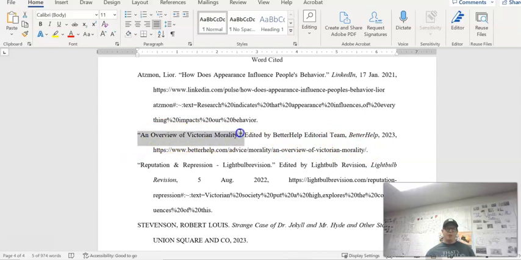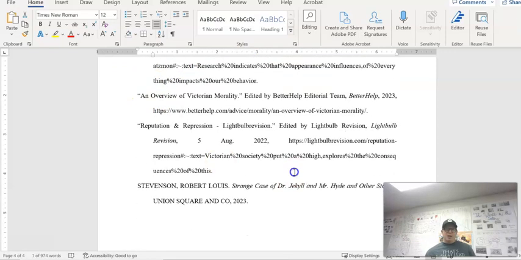What you put in the parentheses should be the first thing. So if I'm quoting "How does appearance influence people's behavior?" I'm putting my parenthetical citation, Adds Money. If I'm quoting "Reputation and Repression," Light Bulb Revision. Ooh, I don't know if this is a good source that I would use in a college paper.